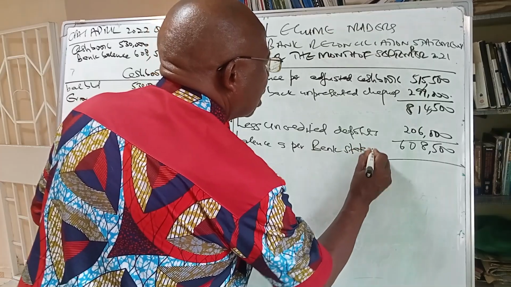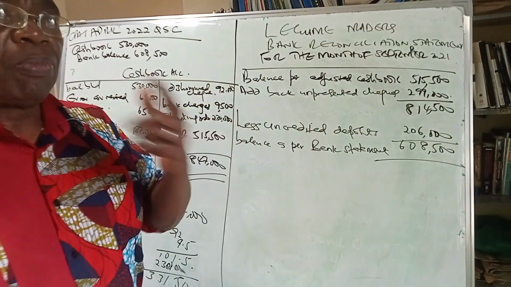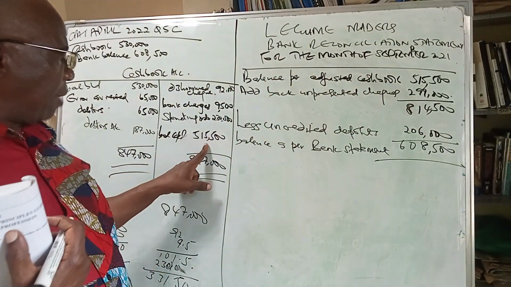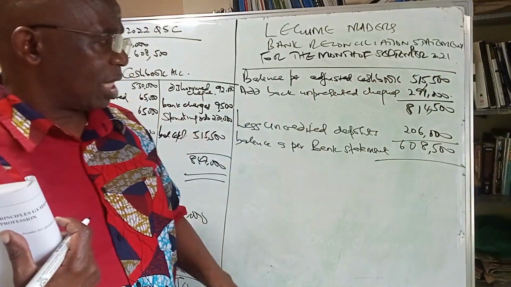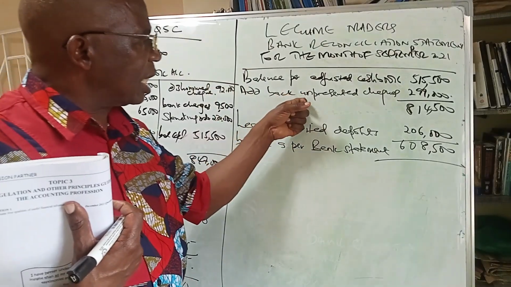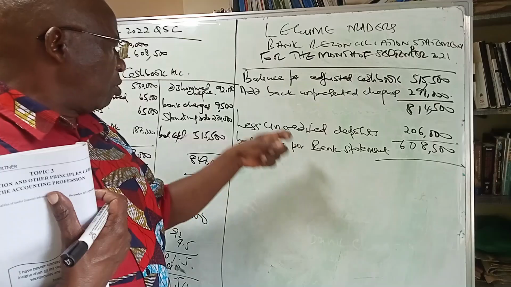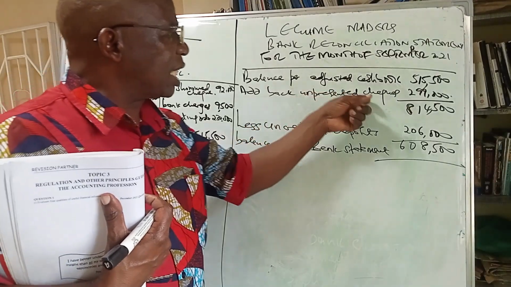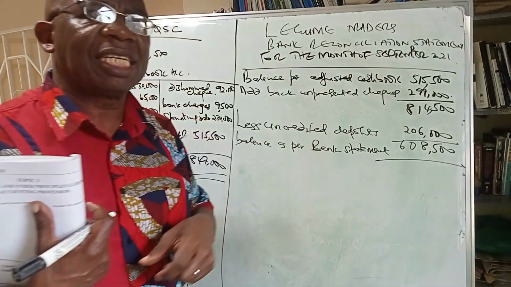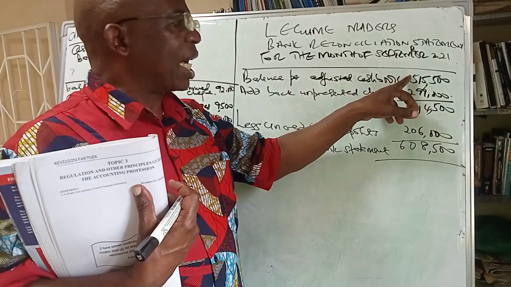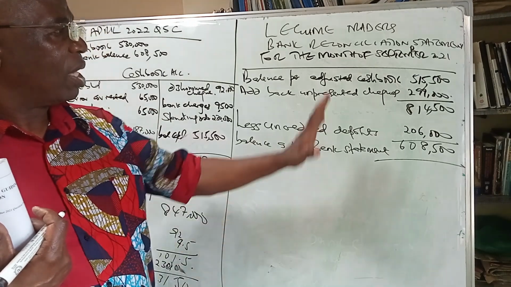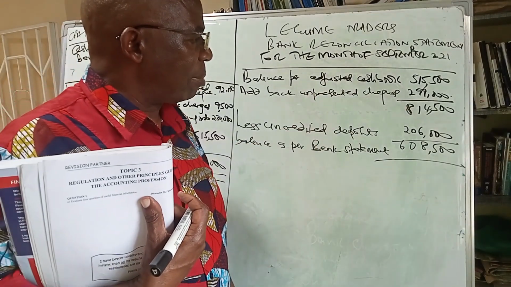We are now able to know why our updated cash book has a different balance: because we have unpresented checks amounting to 299,000 and uncredited deposits amounting to 206,000. So we are reconciling the cash book balance with the bank statement balance.